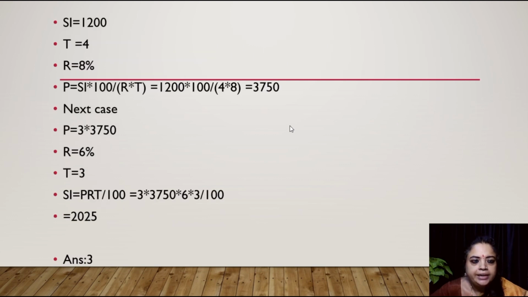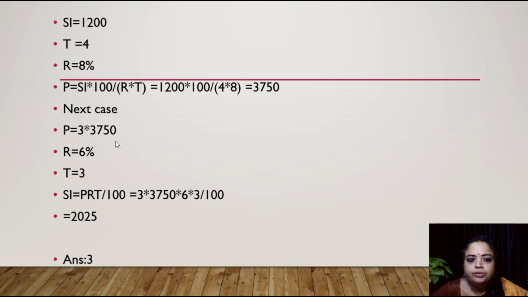Options are given. We are given the simple interest in the first case as 1200, time period is 4, rate of interest is 8%. From this we can calculate the principal amount, which is SI into 100 by R into T. So that is 1200 into 100 by 4 into 8, that is 3750. In the next case, you are given that the principal amount is thrice that of the principal amount in the first case.